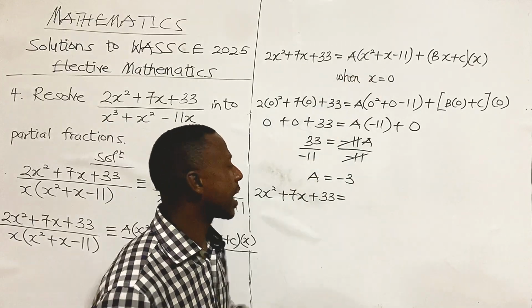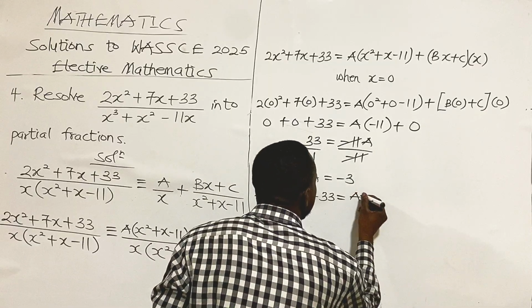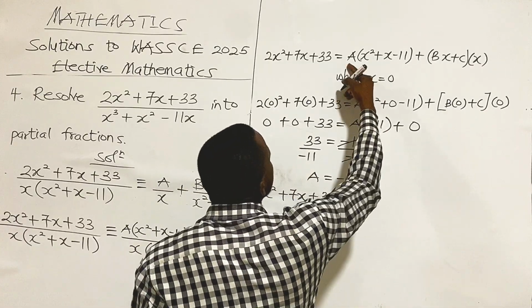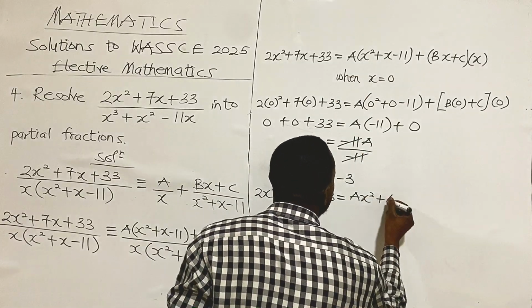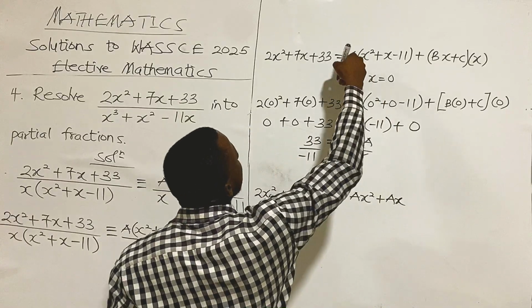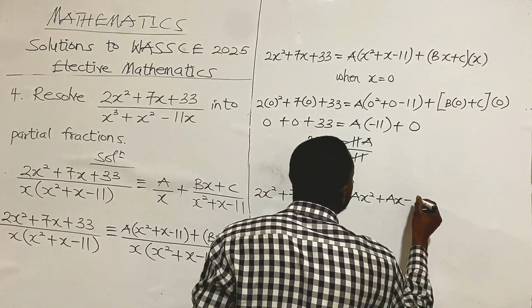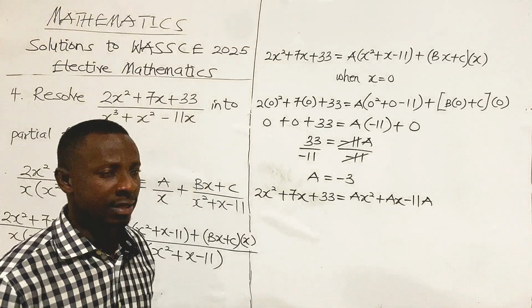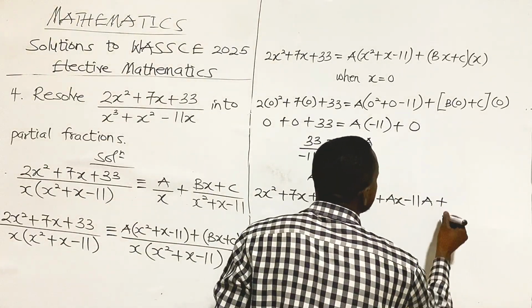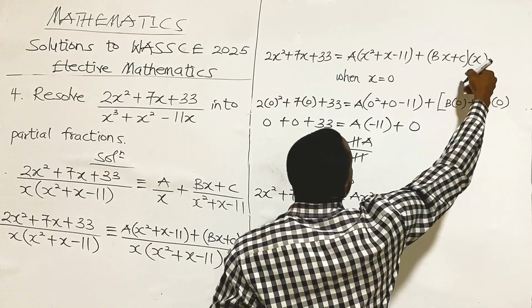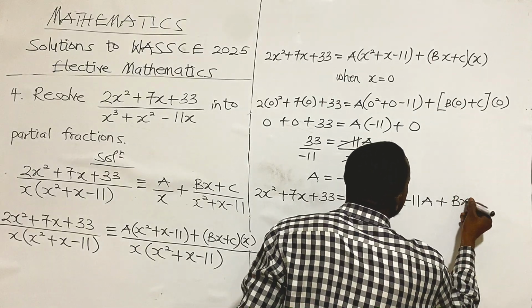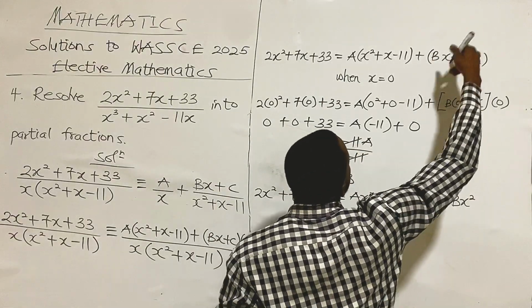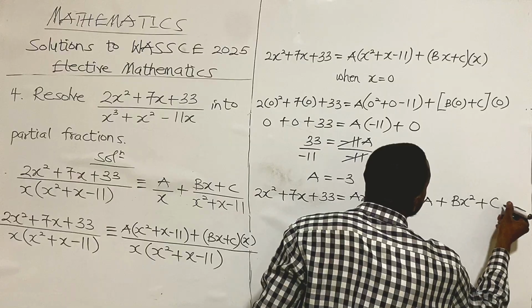So a times x squared, I have ax squared. A times x, I have ax. A multiplying negative 11, I have minus 11a plus bx times x, I have bx squared. C times x, I have cx.